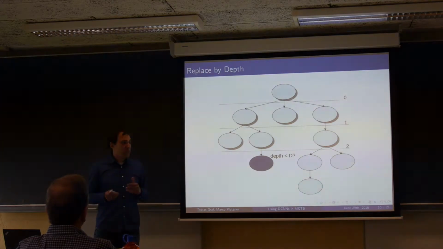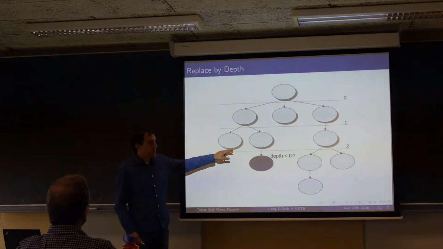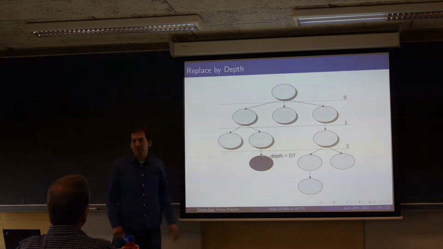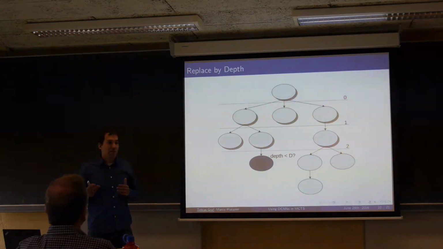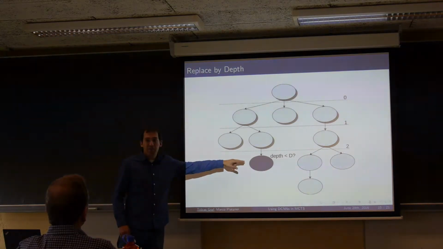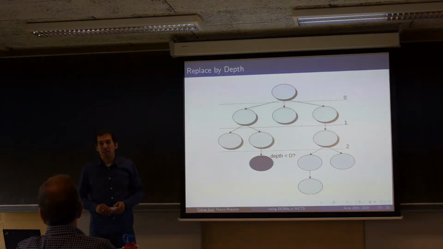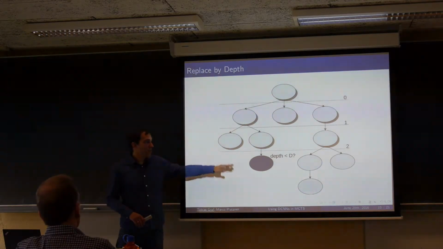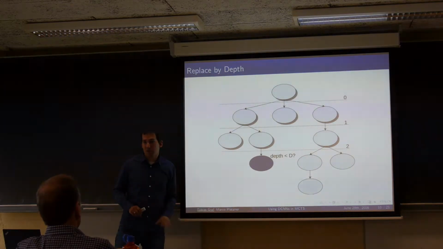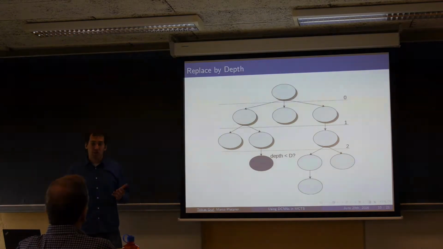So we specify beforehand a certain depth limit, let's say here 2, and every node which is closer to the root gets the model knowledge as soon as possible. So once we expand the search tree and the depth is smaller than d, it immediately gets the DCNN knowledge, and all other nodes below this don't get that knowledge. The intuition is that the closer we are to the root, the more important is the knowledge.